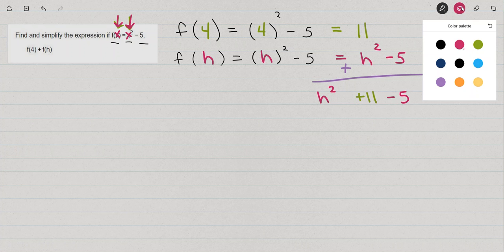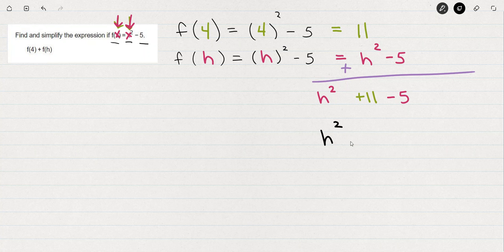And you see that that could simplify to be h squared plus 11 minus 5, which is 6. So that's it. That's the final result. When I simplify the expression, f of x equals x squared minus 5, for f of 4 plus f of h, I get h squared plus 6.